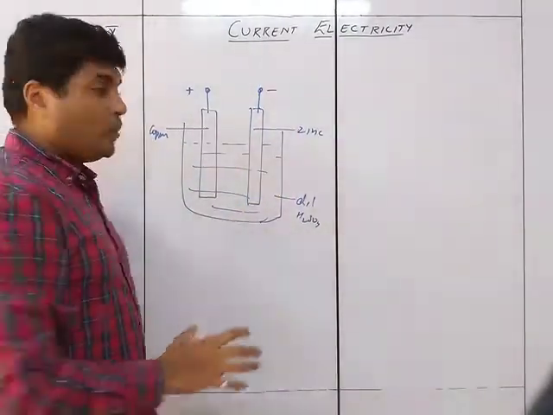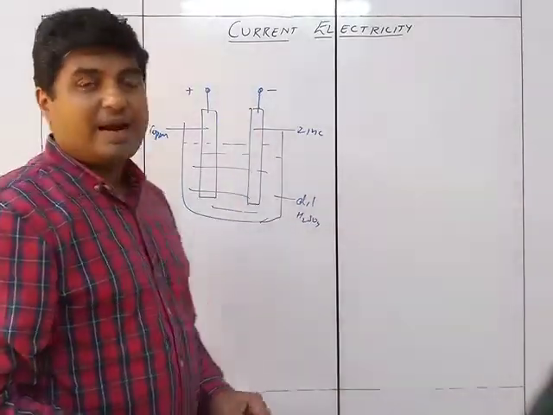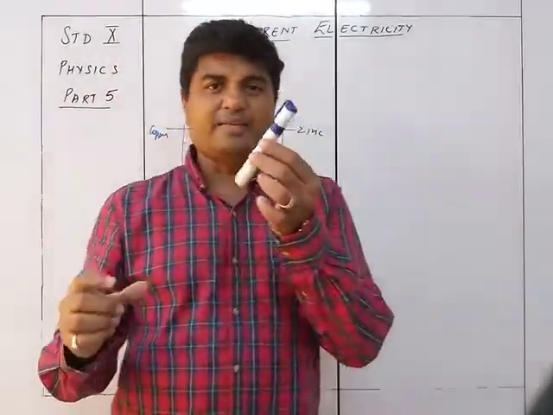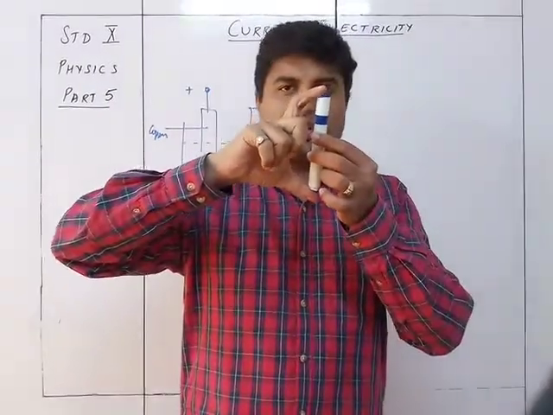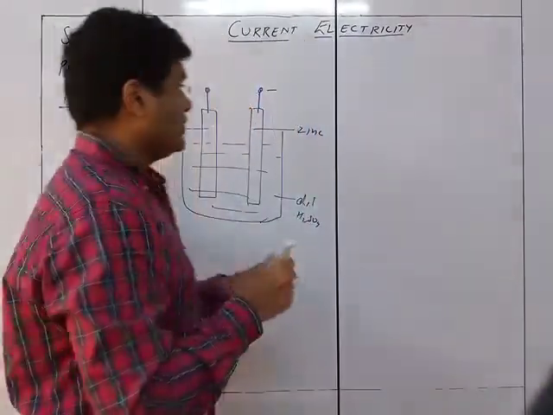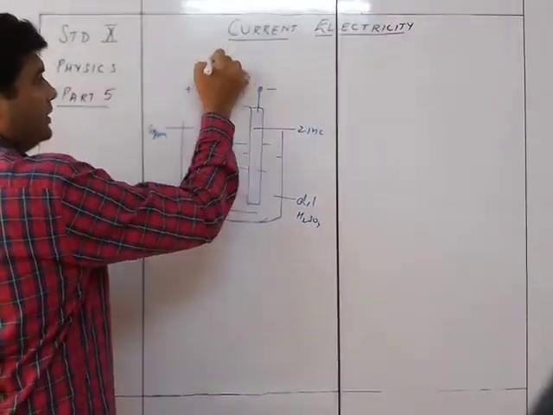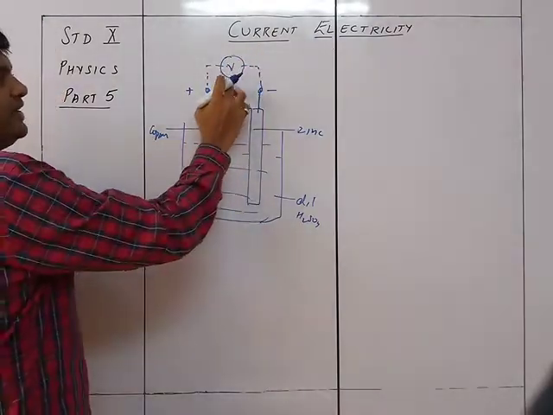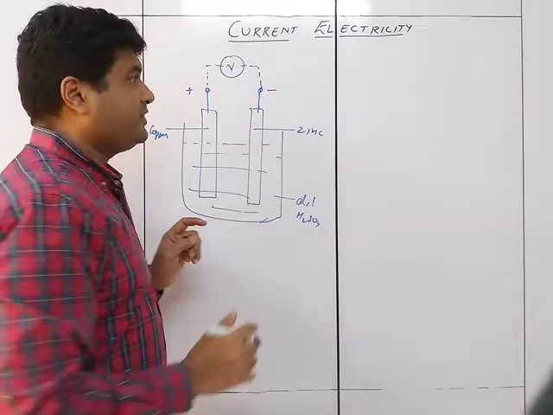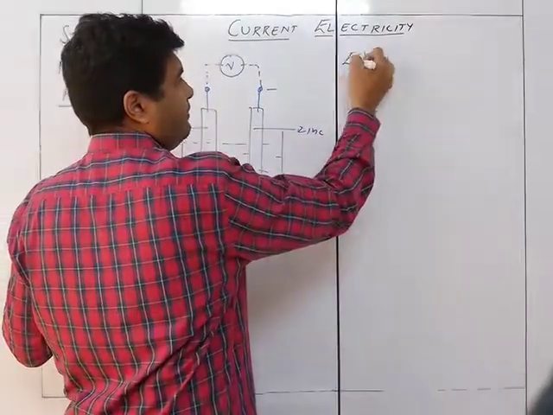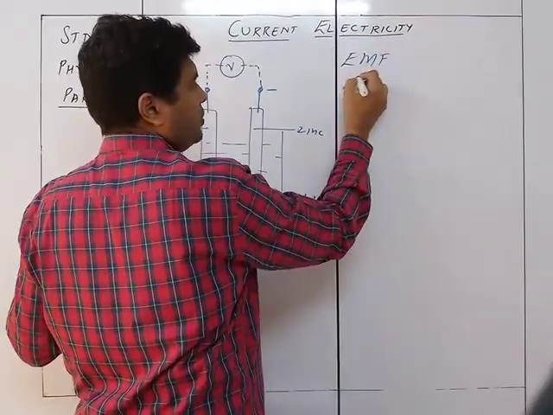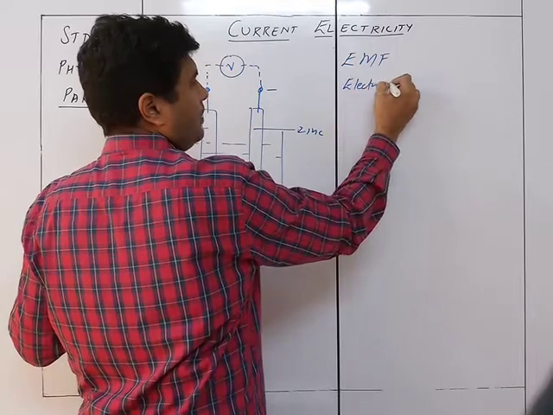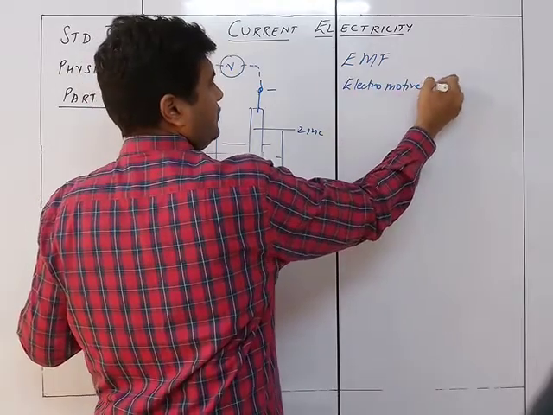So when you are having this battery, and suppose this is a pencil cell, and across the pencil cell if I put a voltmeter over here like this, then whatever is the reading it is going to give me is called the EMF, that is electromotive force.